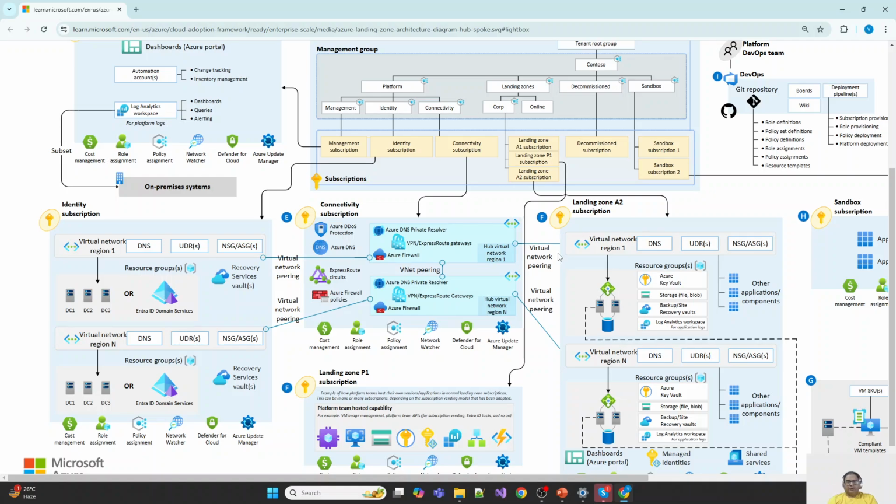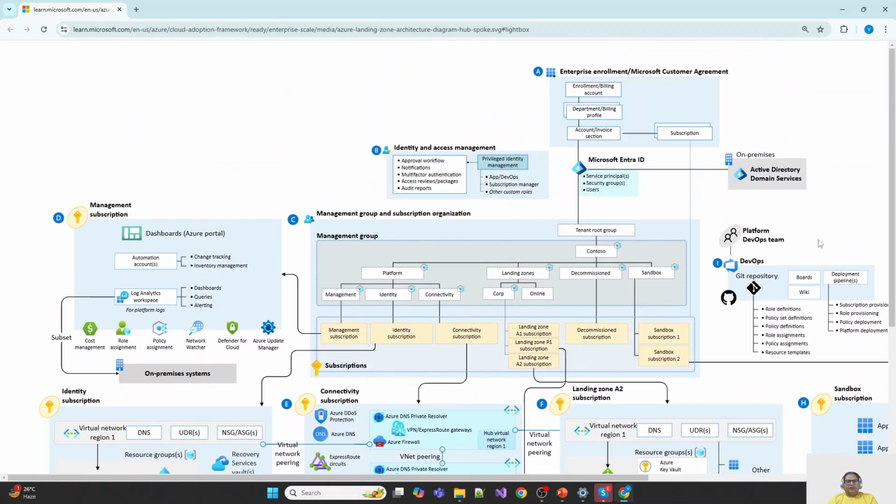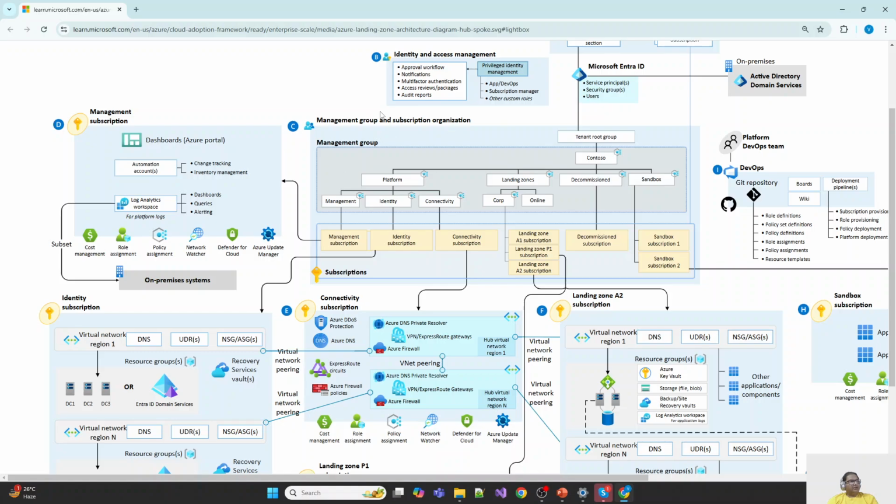Okay, so the scaled-out architecture of Azure Landing Zone covers some key components like platform landing zones, application landing zones, resource organization, and more. We are going to go through all of this.